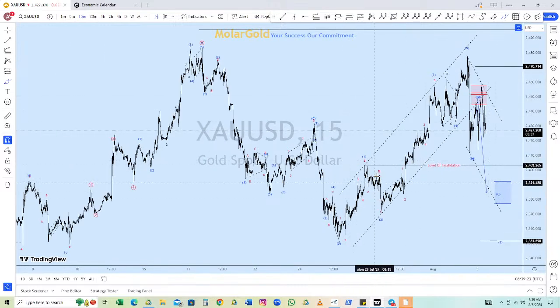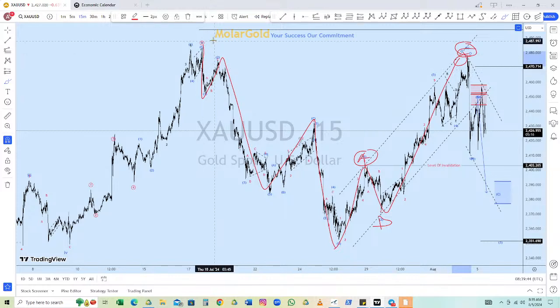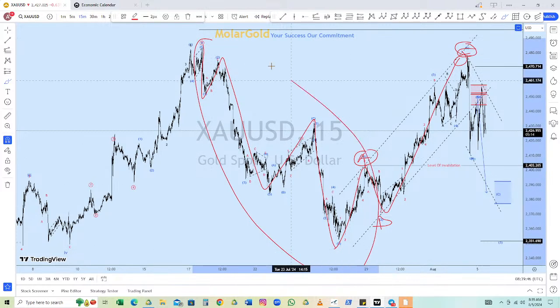And even with that, some Elliott wavers will change this count to wave A, B, and C. Then this will become 1, 2, 3, 4, 5. Then this is an A, B, C correction, and then we are going equal legs of this.